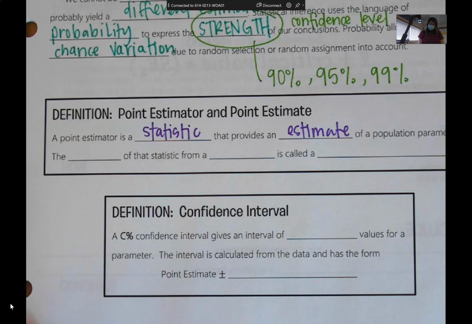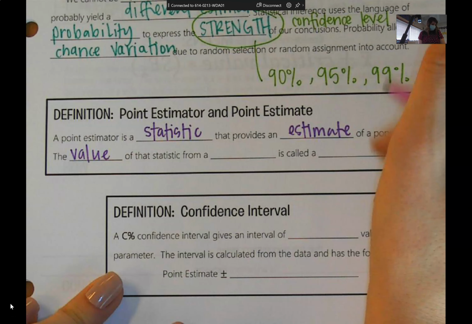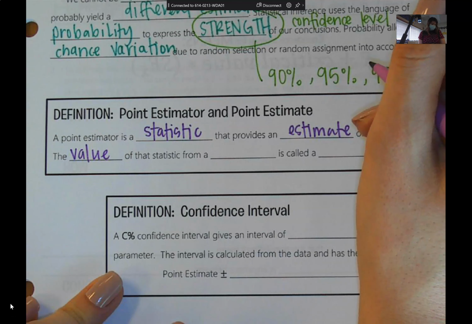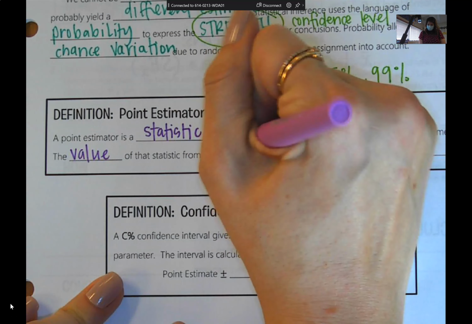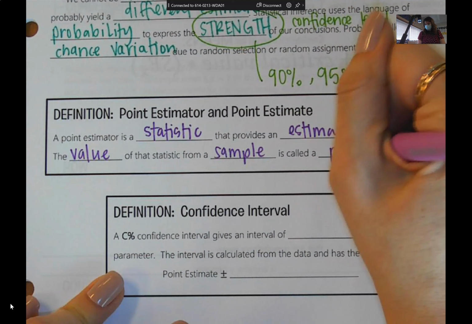The value of that statistic from a sample is called a point estimate.